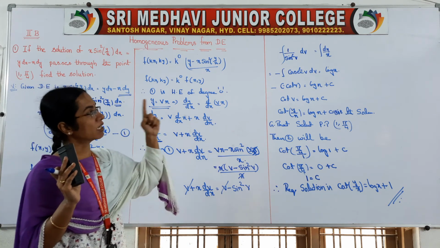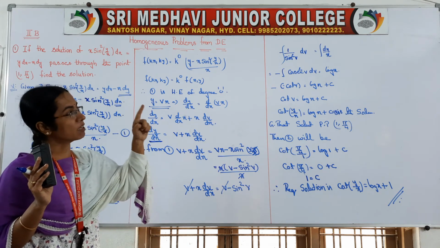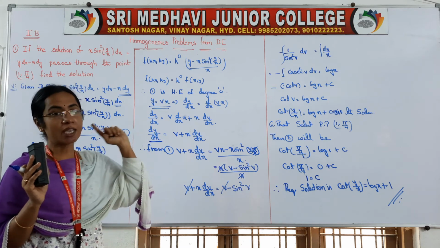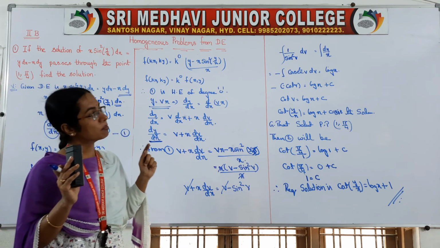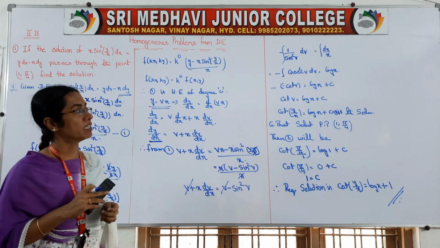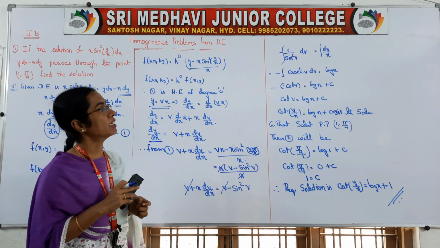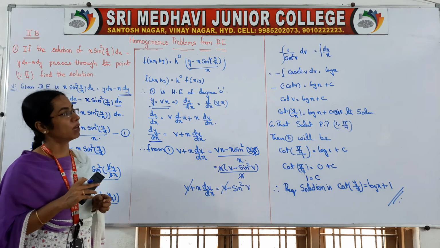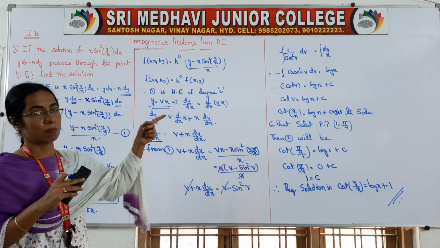So −∫1/sin²v dv = ∫dx/x. Integral of dx/x is log x, and integral of 1/sin²v is cosec²v; integral of cosec² is −cot v, and this is minus already.